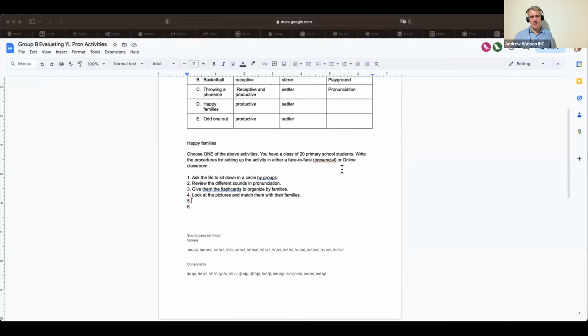After that, review the different sounds and pronunciation. So we give them the flashcards organized by families. Look at the picture and match them with their families. We jump some steps, like they need to ask a specific question, have you got, say the sound or whatever, and they need to answer and collect all the happy families.